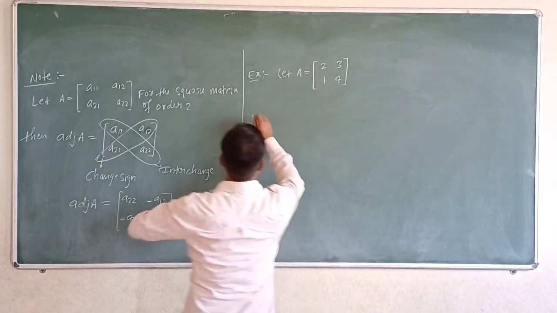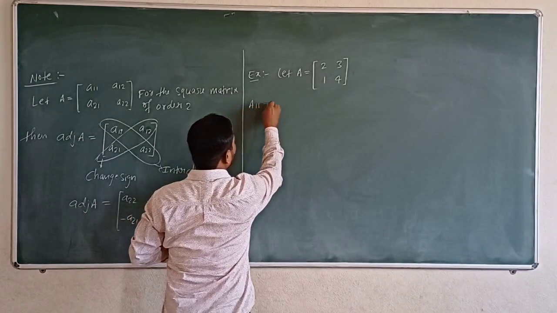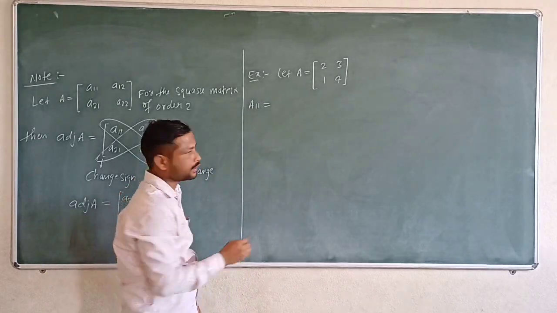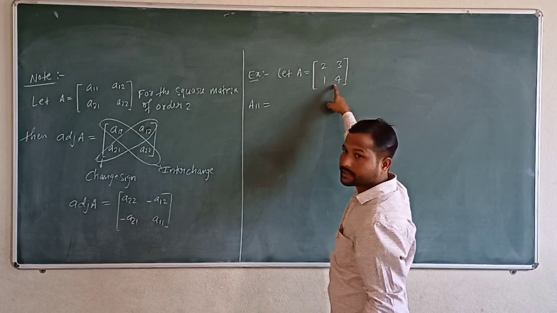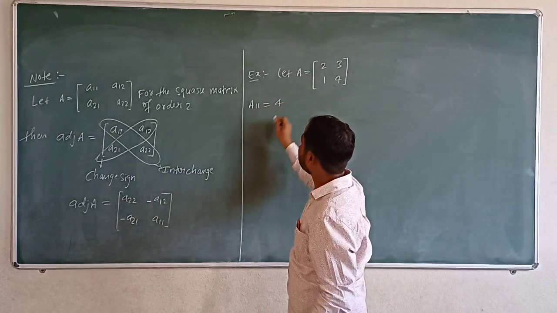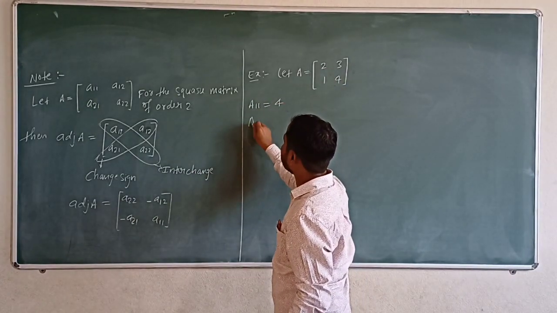Take a11: positive or negative? Positive, that is plus. Delete the first row and first column, and the answer is 4. Next, a11 is over, take a12.